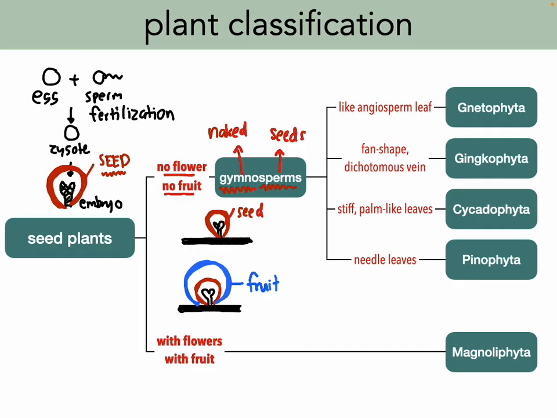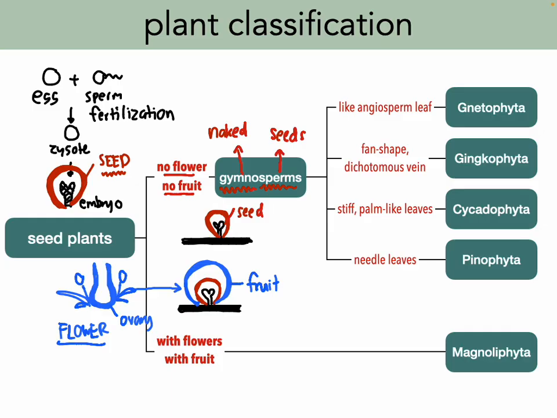And that fruit part comes from a part of flowers that we call ovary. Then the ovary, and the other parts of flowers as well. So the flowers have ovary, and ovary produces fruit. This fruit helps contain the seed inside.